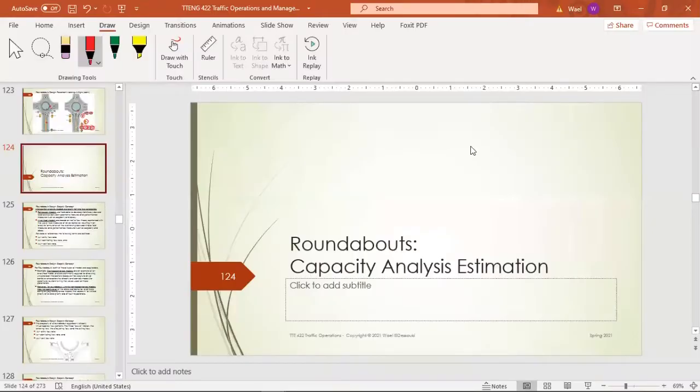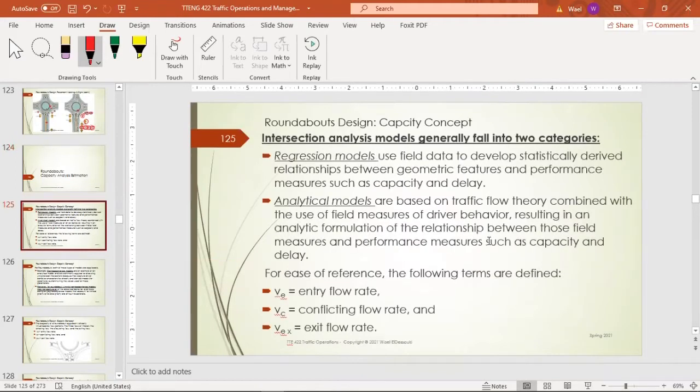Okay, we're going to start today on roundabouts capacity analysis estimation. Basically, intersection analysis models generally fall into two categories: either regression analysis or analytical models.